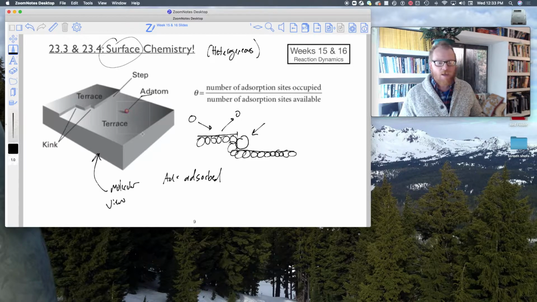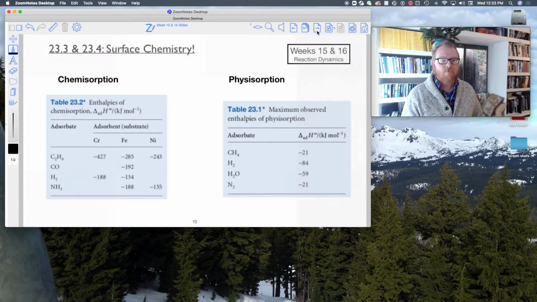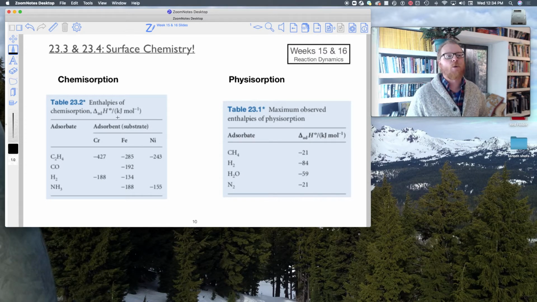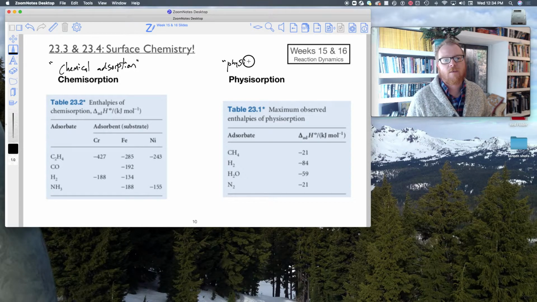Okay, so let's see here. Moving along, so there's two kinds of ways that atoms can become stuck. That's through chemisorption, which is chemical adsorption, or physisorption, which is physical adsorption.